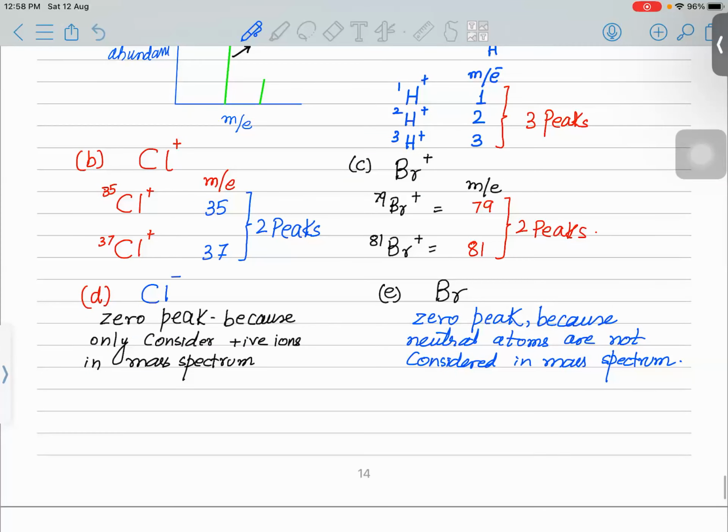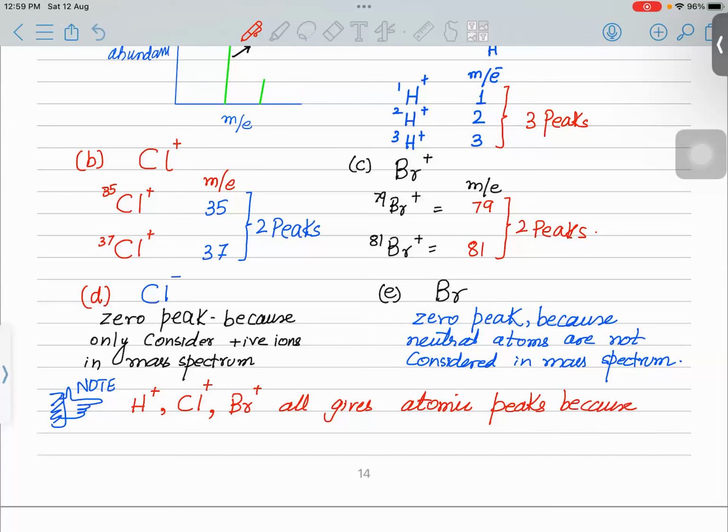Now, note: H positive, Cl positive, Br positive all give atomic peaks because they are atoms.